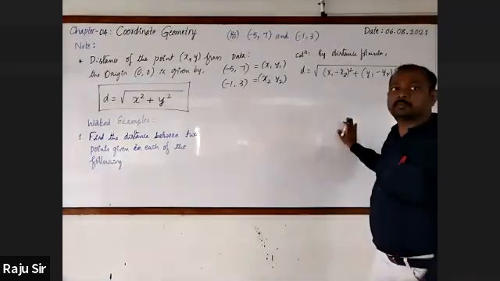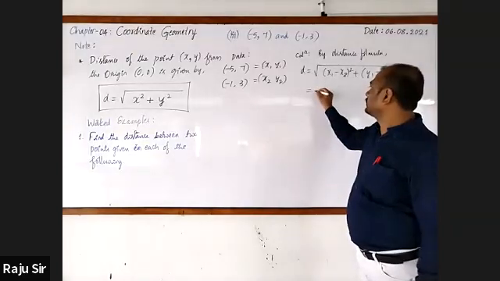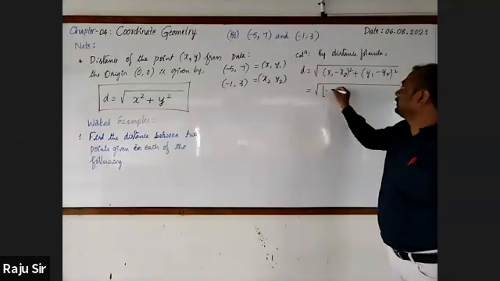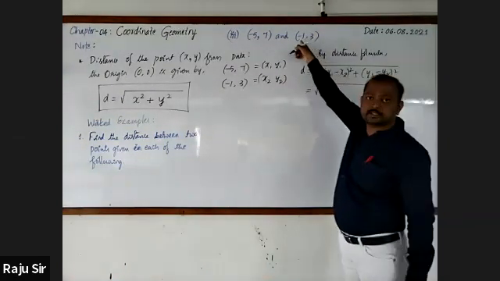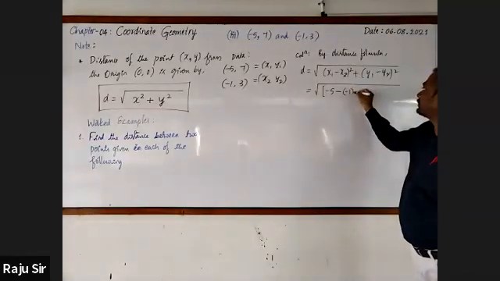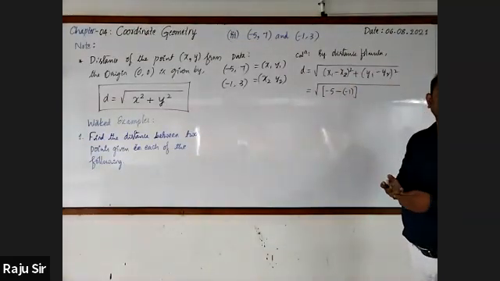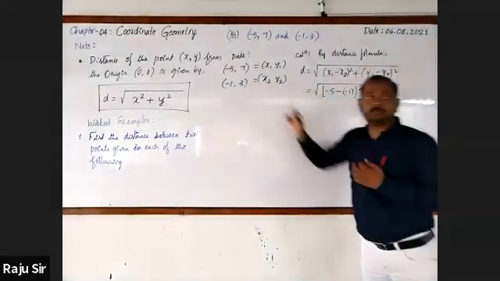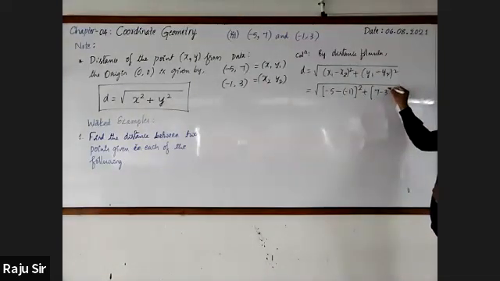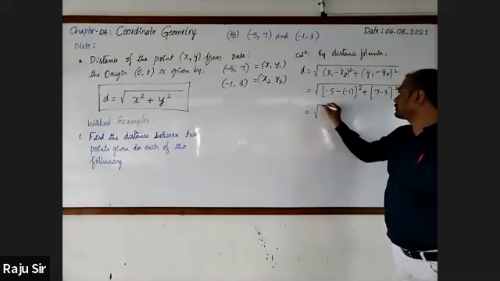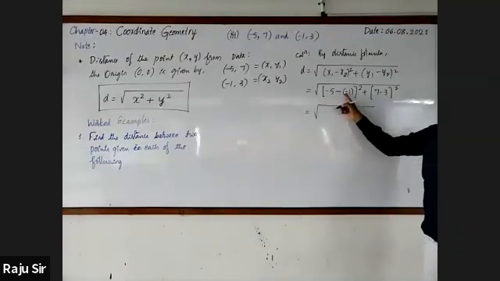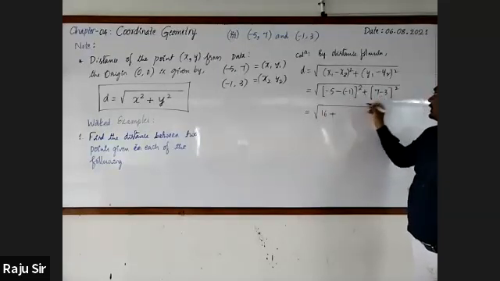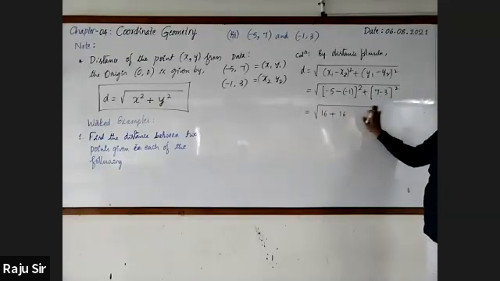It is equal to square root of minus 5 minus (minus 1), that is minus 5 plus 1, which is minus 4 whole square, plus 7 minus 3 which is 4 whole square.